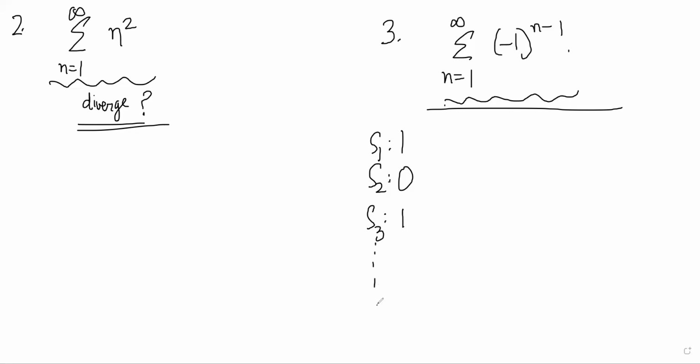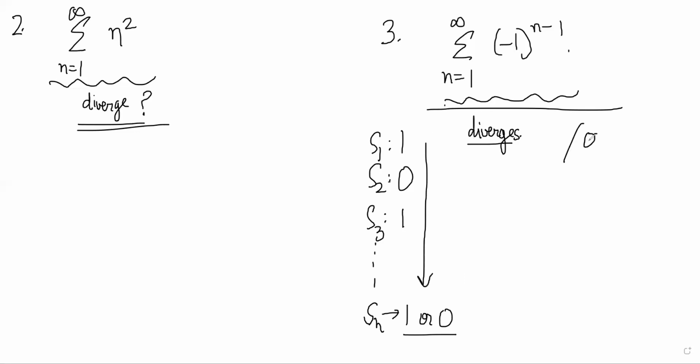So what is happening? Sn will be either 1 or 0. It will depend on odd or even. So is this sequence converging or diverging? Sir, it is fluctuating. So you will say it diverges, because it is oscillating.